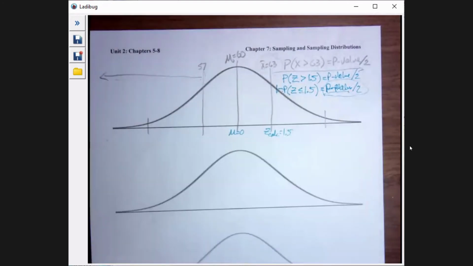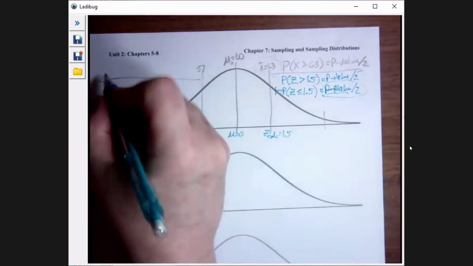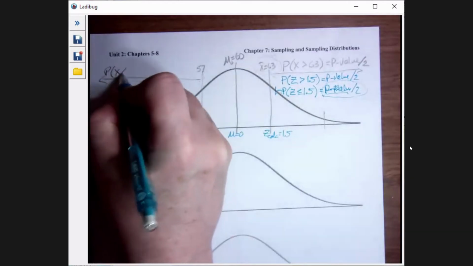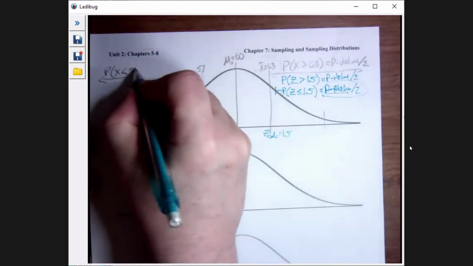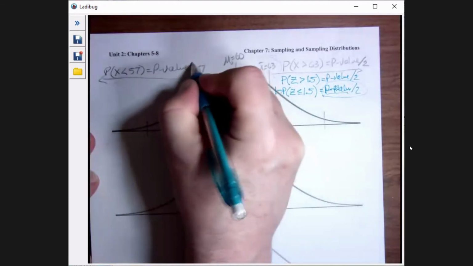So I'm now on the other side of the mean. Now I'm looking at the probability of getting a value less than 57. That's my p-value over 2.